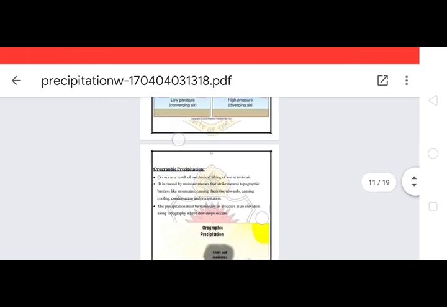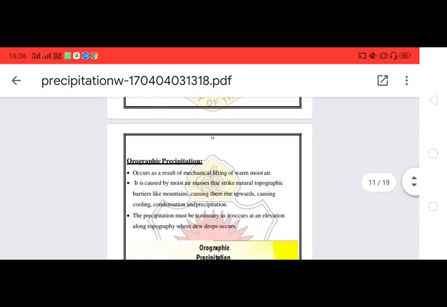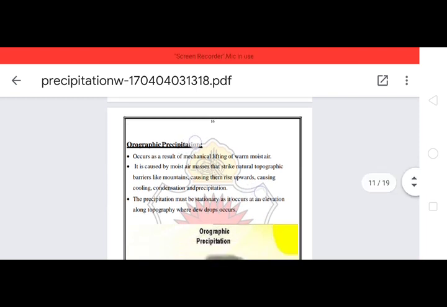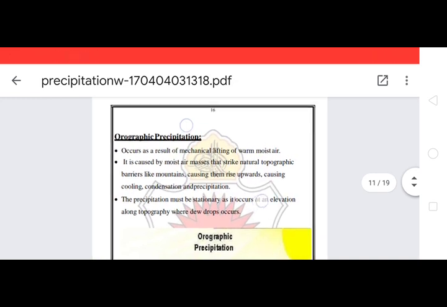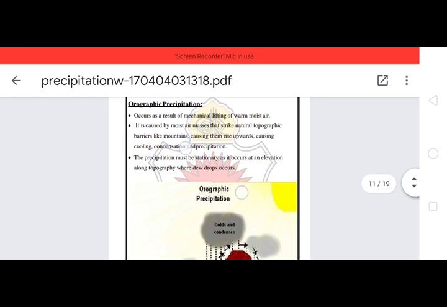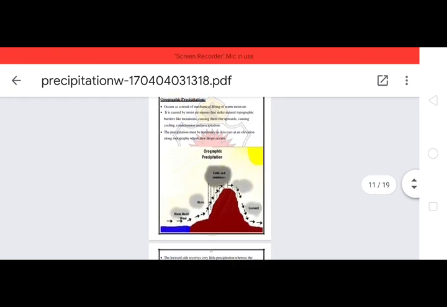Okay, the next point is orographic precipitation. Oro is related to a Greek word that is related to hill. So orographic precipitation, as we can see from this figure, from the ocean side, moist warm air is coming to the hilly areas, coming to the hill.